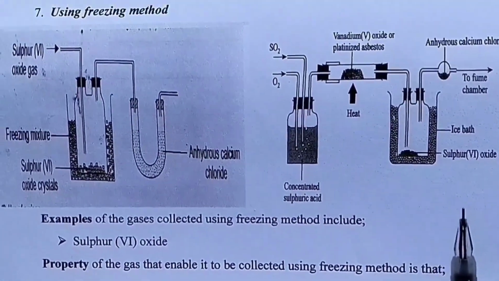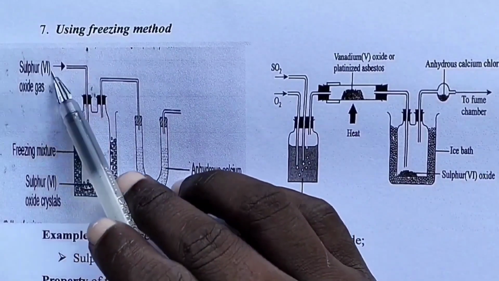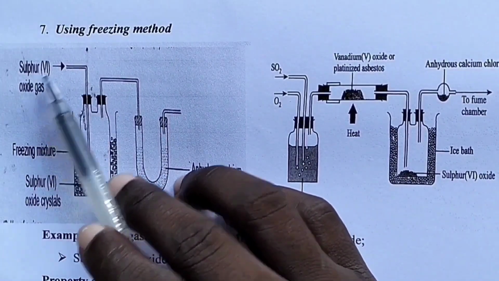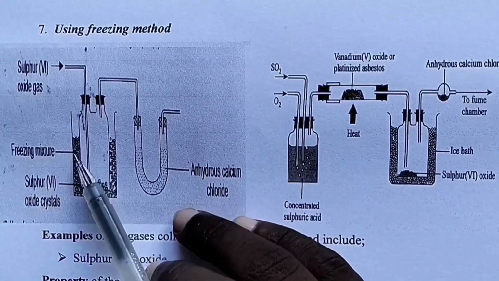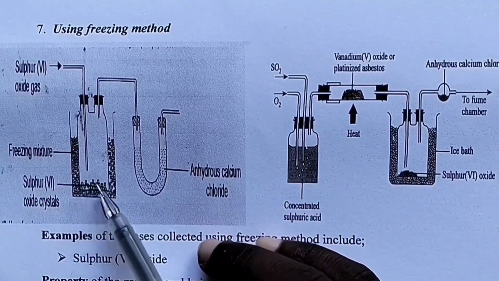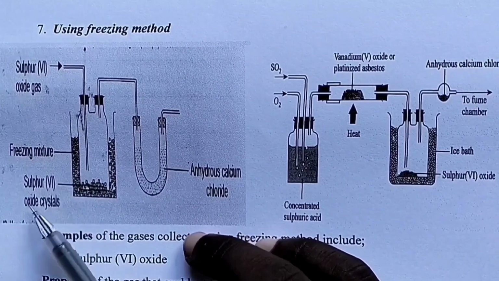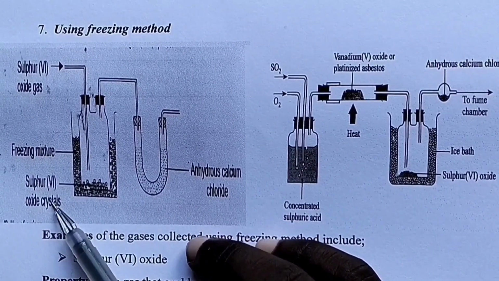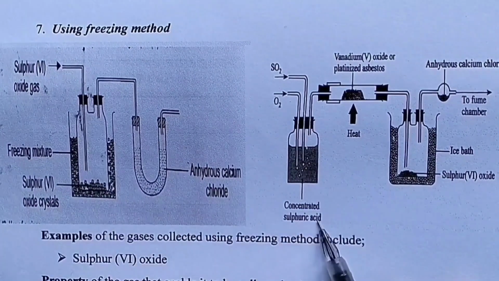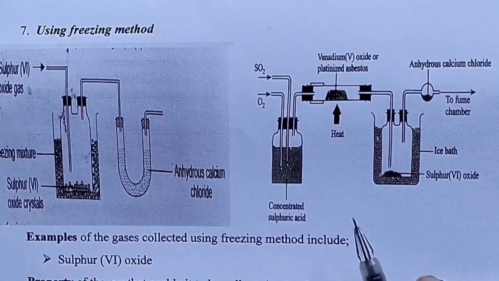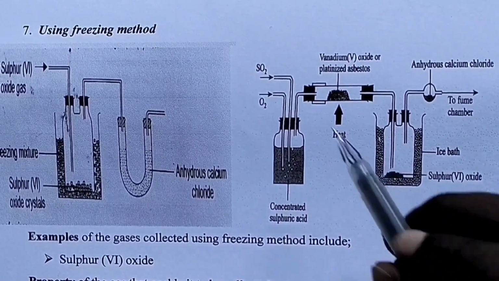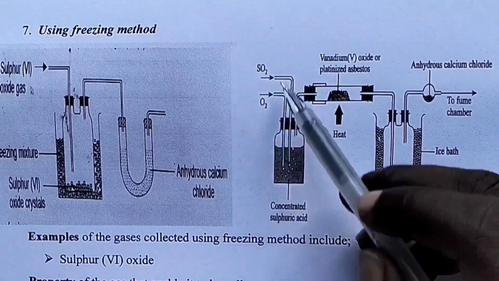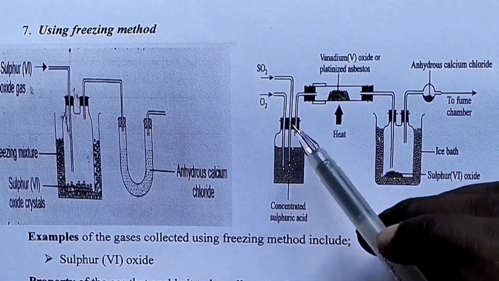So here we have sulfur(VI) oxide gas. We are going to collect it by the freezing mixture here, and it will be solidified to form sulfur(VI) oxide crystals. So this method is called the freezing method. This is the complete setup for the laboratory preparation of sulfur(VI) oxide gas. We have the reactants, sulfur(IV) oxide and oxygen gas, to react to form sulfur(VI) oxide gas.